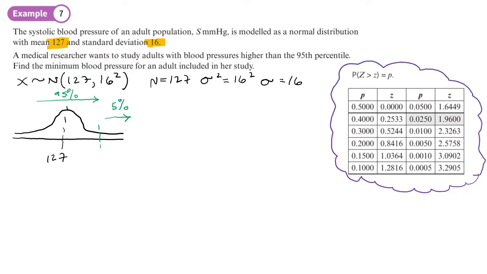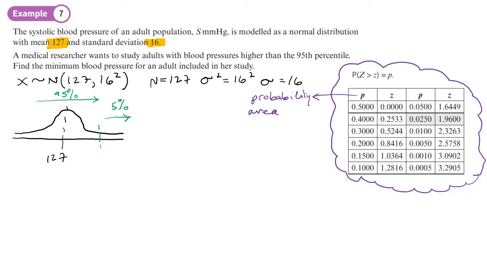Basically, for a particular area, it gives you the z value. By area I also mean probability, so this p is like probability, or area.